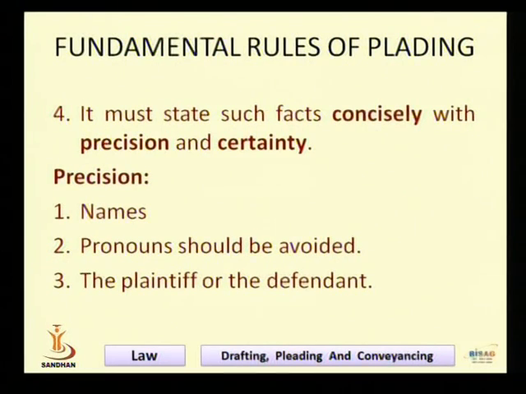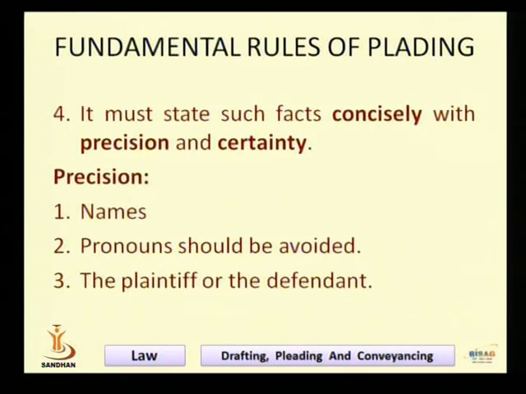It is the second stage of pleading, the claim. The next and fourth rule is it must state such facts concisely with precision and certainty. Concisely, with precision.